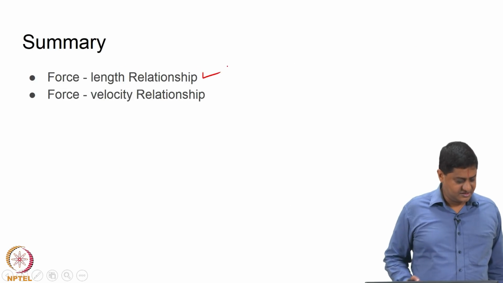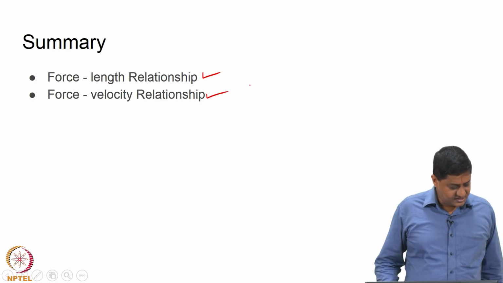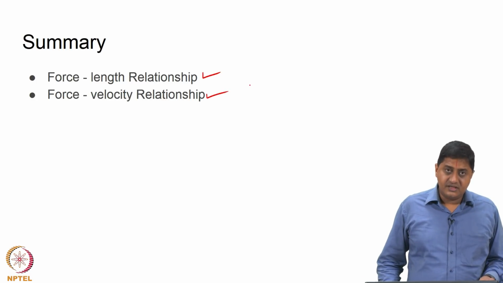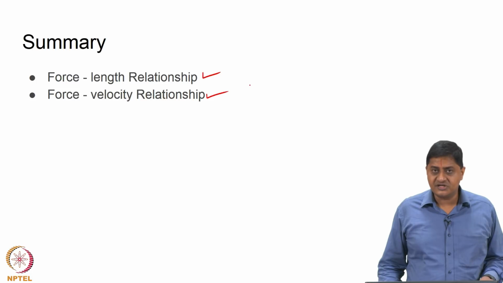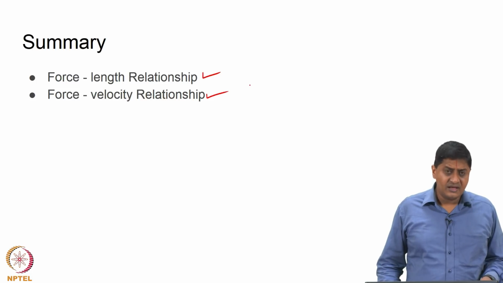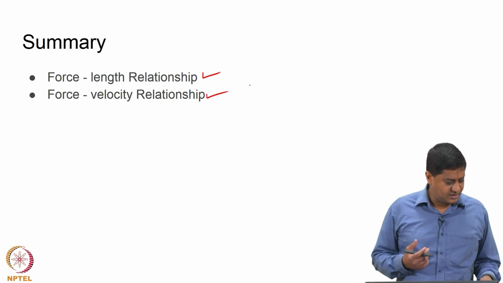The force length relationship and the force velocity relationship dictate to a large extent how forces are produced within a muscle, within a condition, depending on the situation. They have very important implications and consequences in biomechanics.